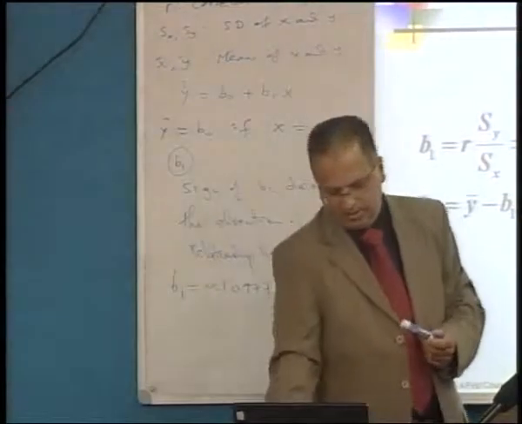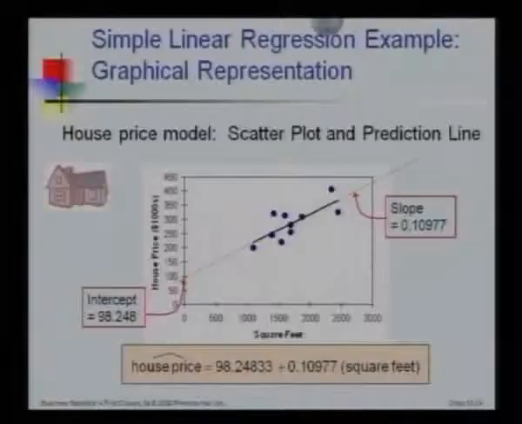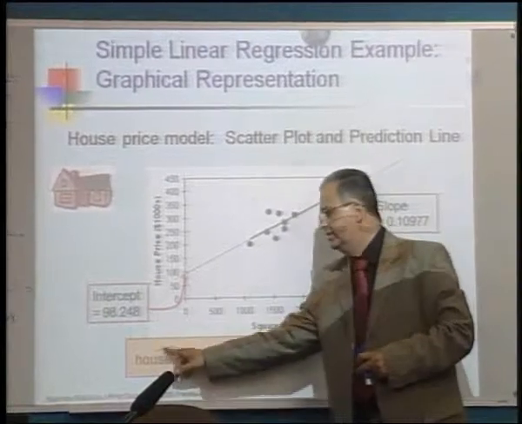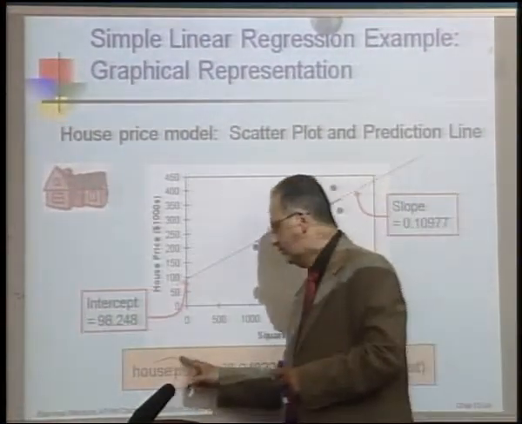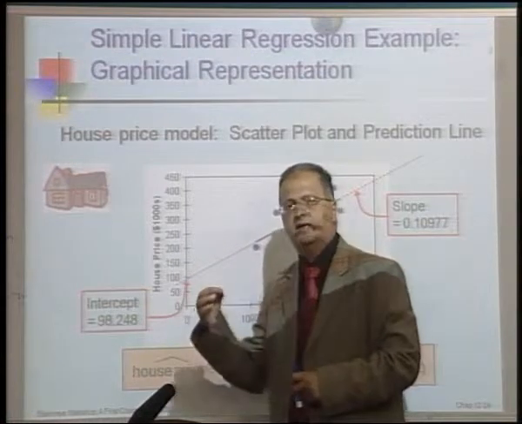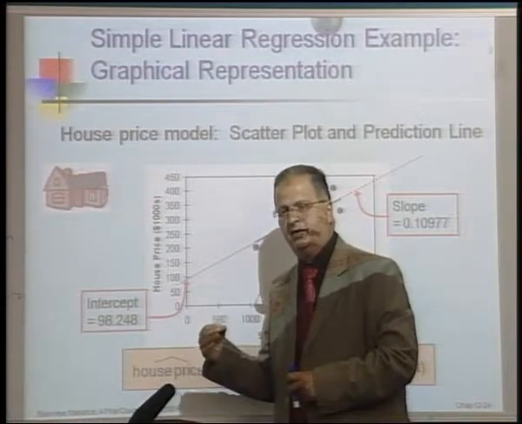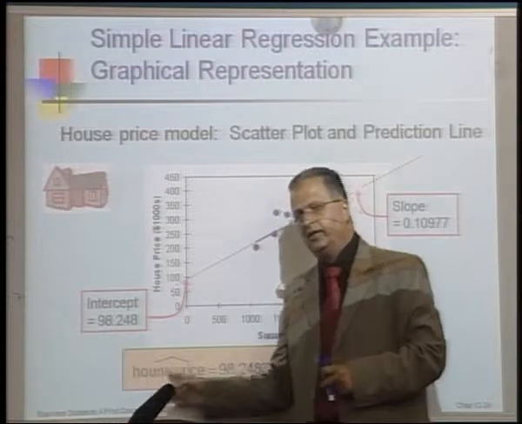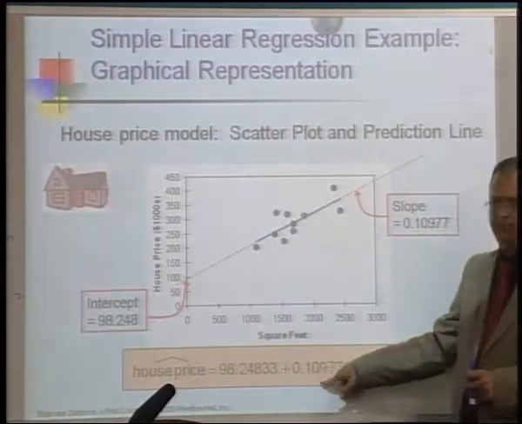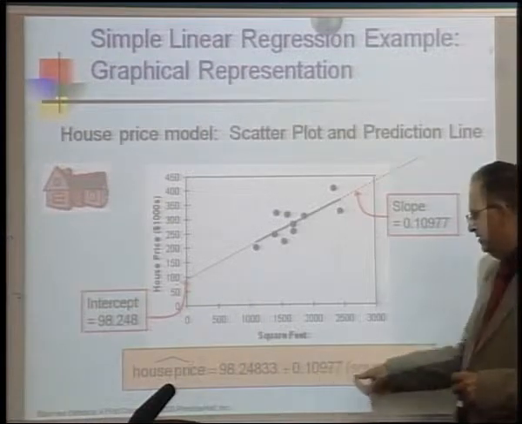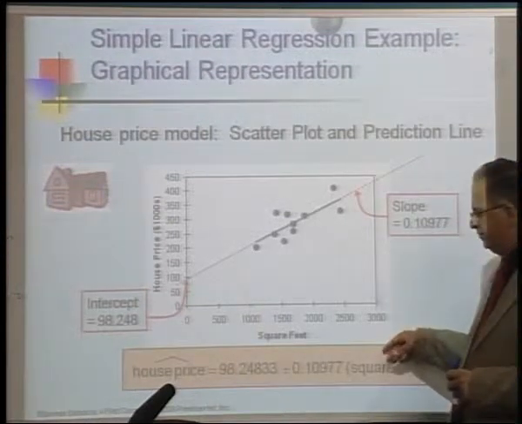After computing the values of B0 and B1, we can state the regression equation. The house price hat in this equation means the estimated or the predicted value of the house price, and it equals B0, which is 98, plus B1, which is 0.10977, times square feet.